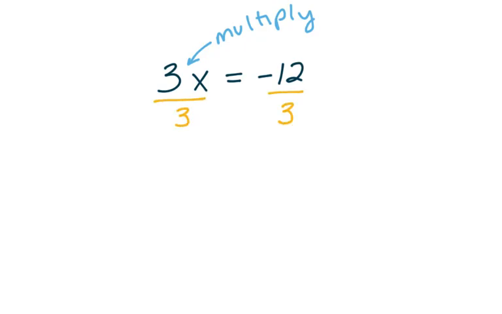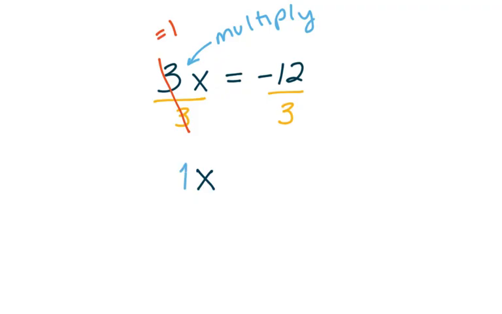The difference with multiply and divide is that instead of making the value be 0, we are making the value be 1, because we're making it be 1x. Normally when we solve for x, there's that invisible 1 in front of it that says 1x is going to equal this, and that's what we're trying to do here. So 3 divided by 3 is going to equal 1, which means I've got my x.